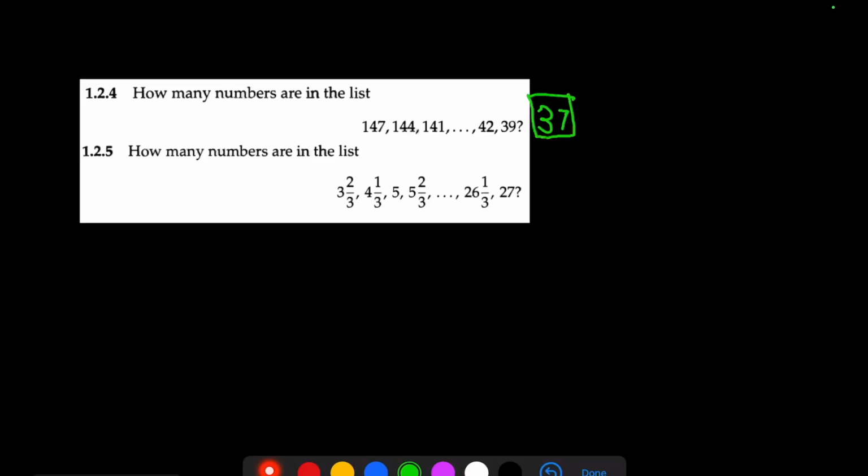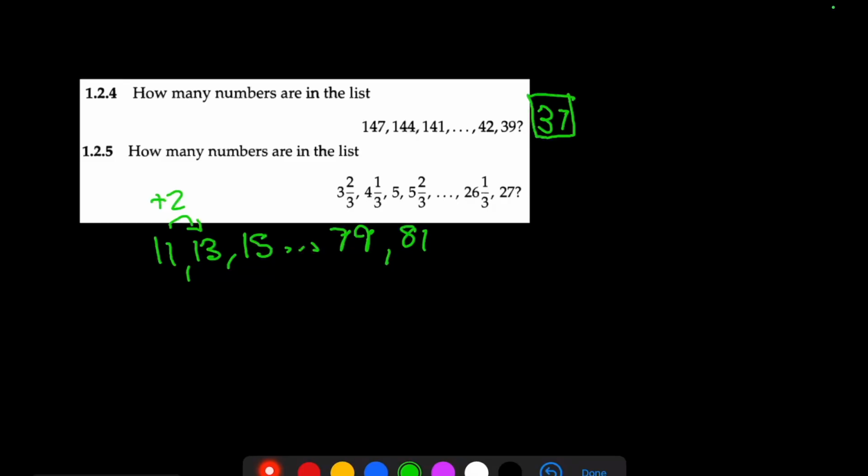This gives us 11, 13, 15, all the way up to 79 and 81. Now, the difference is 2, but this isn't divisible by 2.